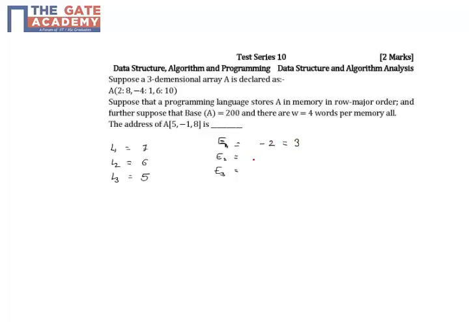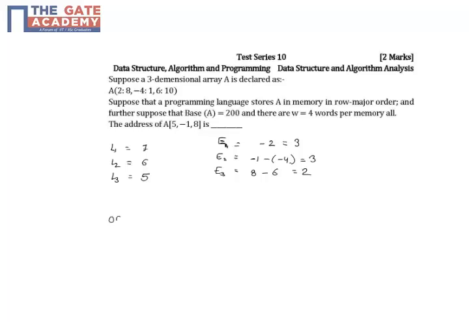E2 will be minus 1 minus my lowest bound of array 2, that is minus 4, so it will be 3, and E3 will be 8 minus 6, that is 2. K minus lower bound of array number 3 is equal to 2.